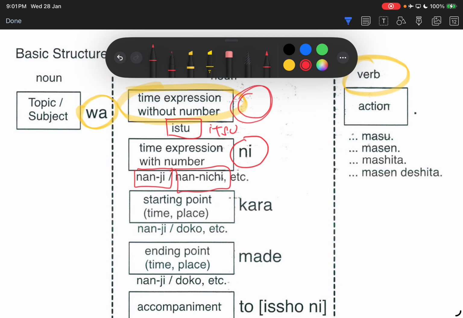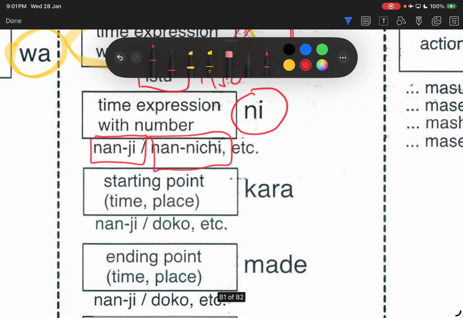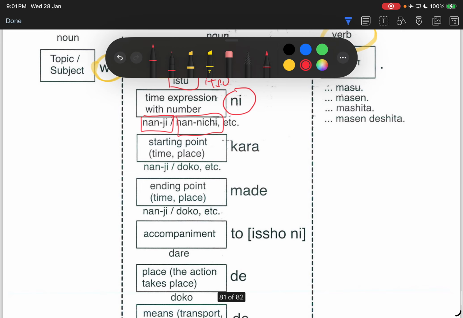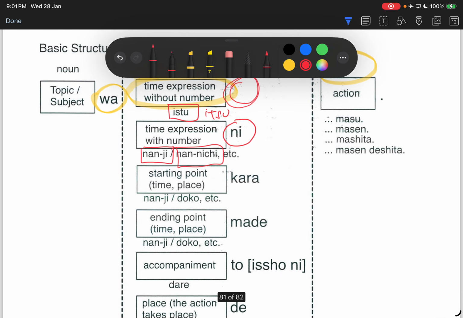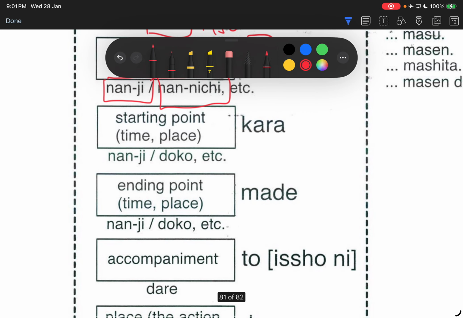Then next we have our kara. By the way, this is how the entire sentence is supposed to be formed. This is the priority system. Which particle will come earlier? In this case, after ni, after the time will be our kara and made. Kara can be time, it can also be place.